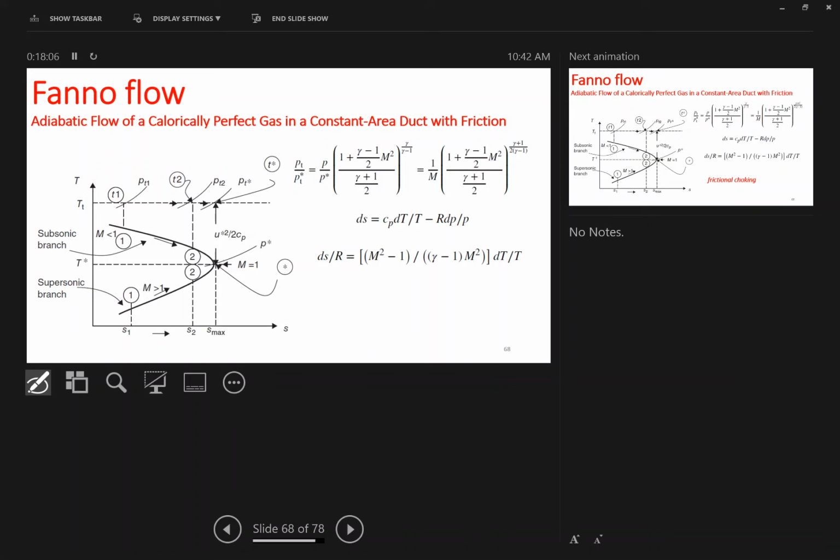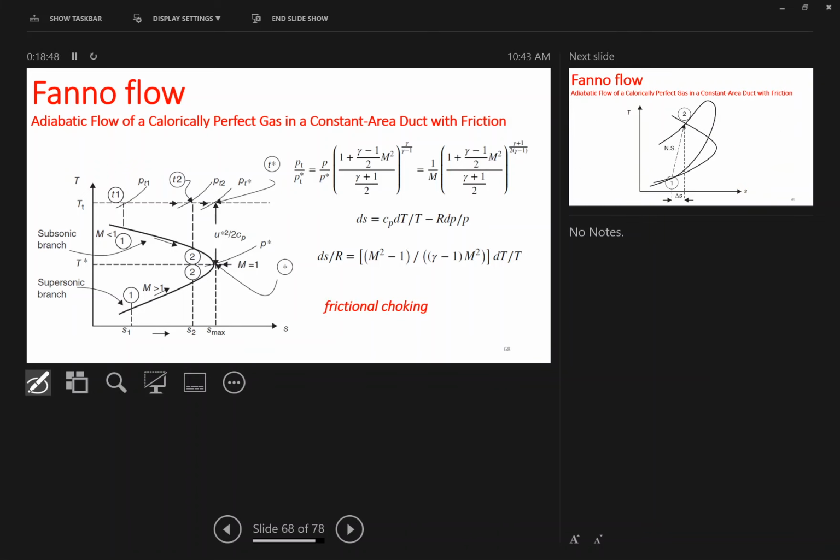But my question is, where does that maximum happen? At M equals 1, where ds over dT is 0. So you can simply prove that the maximum happens at M equals 1, right? If you move the dT to this side, ds over dT must be 0. And in order for the left-hand side to be 0, the right-hand side must be 0 as well, which means that M must be equal to 1. That doesn't really make it good. But you essentially should integrate that equation to be able to find the maximum entropy.